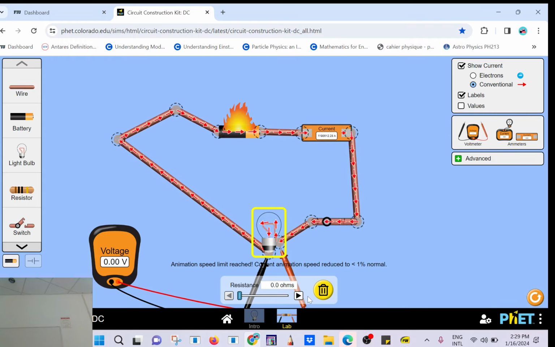But you see that the resistor is stealing some voltage from the light bulb. So what do you think is going to happen now? I'm going to go to 15. Now do you see? It decreases even more. It's even more upset. And now the voltage drop here across the resistor is about 2.5.